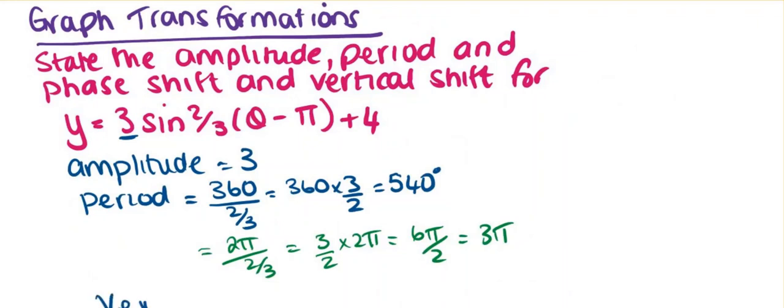And then the phase shift, this is h, so we know it's the opposite, so this is going to be pi.